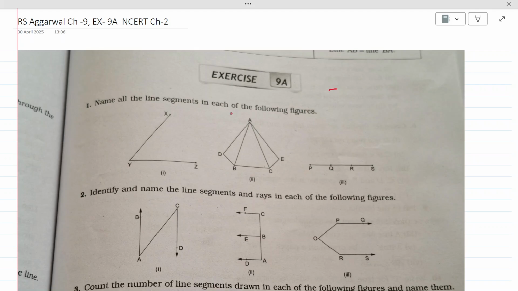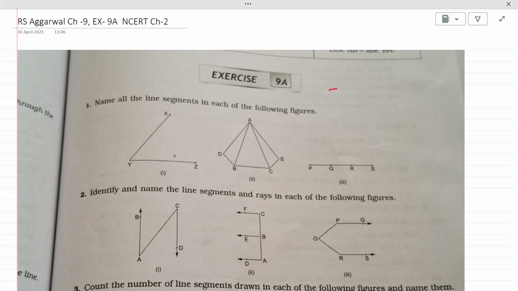So let us start. Name all the line segments in each of the following figures. I'm going to pick the first two, and the third one you can do yourself because it is very, very easy. In the first one, we have 3 points, X, Y, and Z. We have a line joining XY and YZ. Since there is no arrow, and we are not extending these lines beyond these points, all of these are line segments.